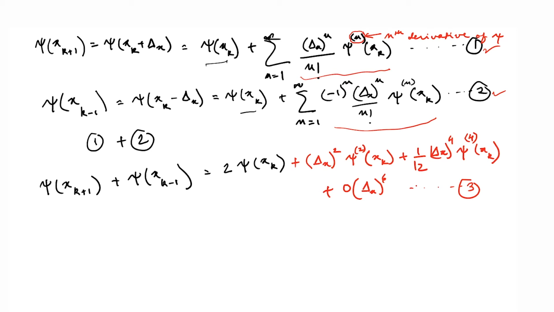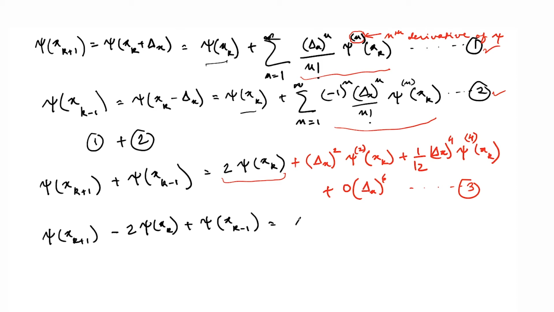So, the next step what I will do is I will pick this psi x and bring it to the left hand side. If I do that, what I land up with is psi x_{k+1} minus twice psi x_k plus psi x_{k-1}.